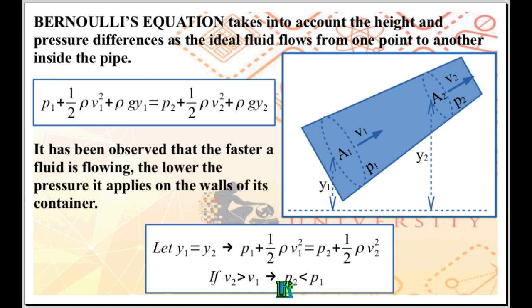This phenomenon, the fluid applying less pressure the faster that the fluid is flowing, has applications in aerodynamics, for instance, in the design of the shape of airplane wings, as well as in the shape of cars.